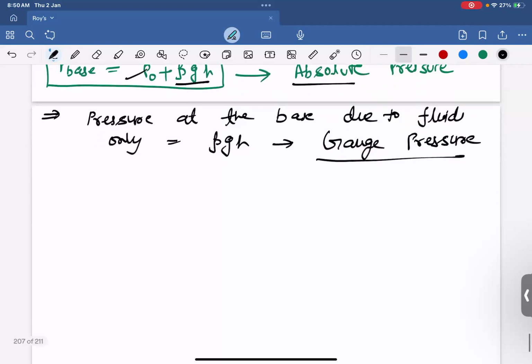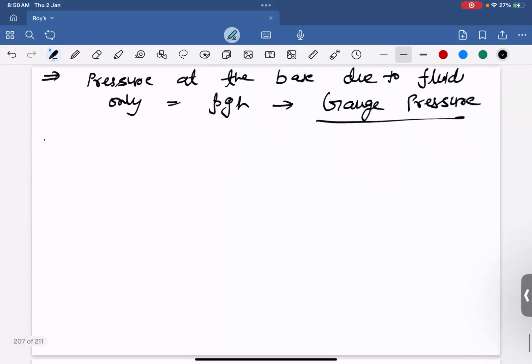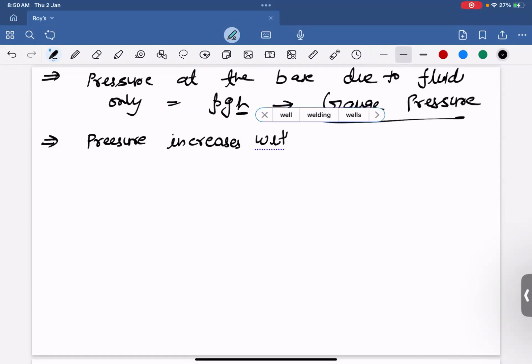Understood. So what you can see is that the pressure is directly proportional to depth. That means pressure increases with depth, and it increases linearly.